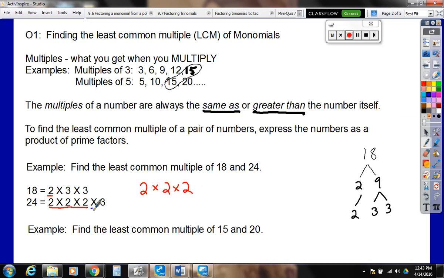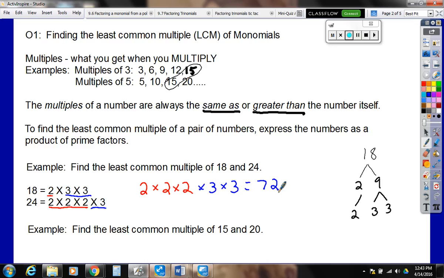And then they both have a factor of 3, but for number 18, we have 2 of them. So we're going to use the one that has the most occurrences, so we're going to use 2 3's in our number. Now when we multiply all these numbers together, we get the least common multiple. So 2 times 2 is 4, times 2 is 8, times 3 is 24, times 3 is 72. So the least common multiple of those two numbers is 72.